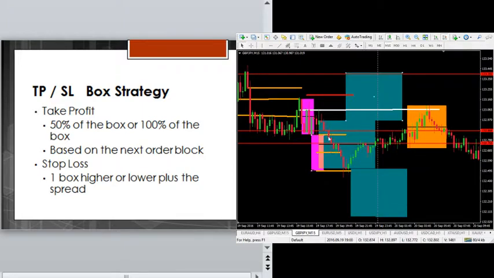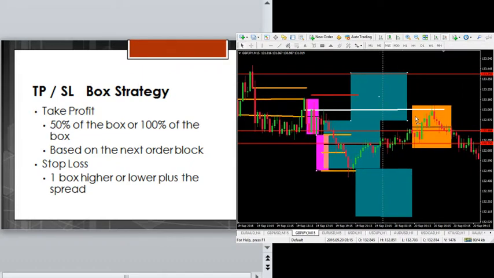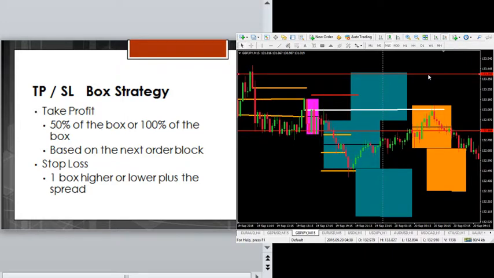And as you can see here, the price is playing within the main box, but right after the pre-London box, the box broke at the lower level of the main box of the pre-London. I'm going to remove these lines for us not to be confused of the previous price that happened yesterday. So this time it's a sell on breakout, and we would want to consider a take profit of the 50% of the box, which is this line here.